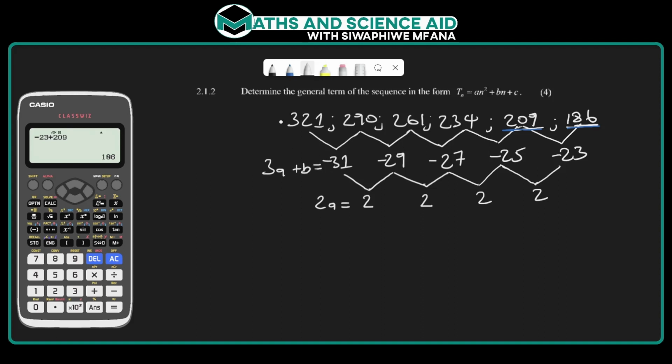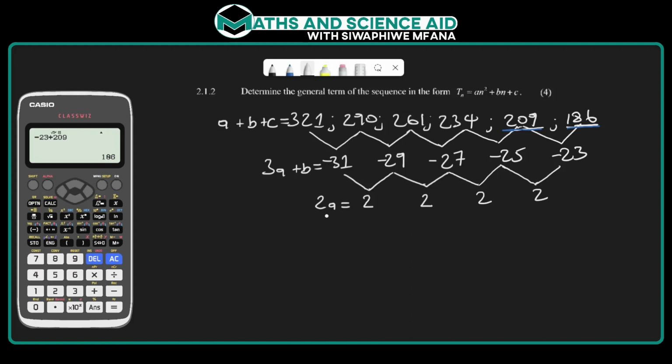And we also know that the first term here in the sequence is equal to a plus b plus c. And therefore, using these equations, we can solve for a, b, and c, and thus determine the general term of the quadratic sequence.